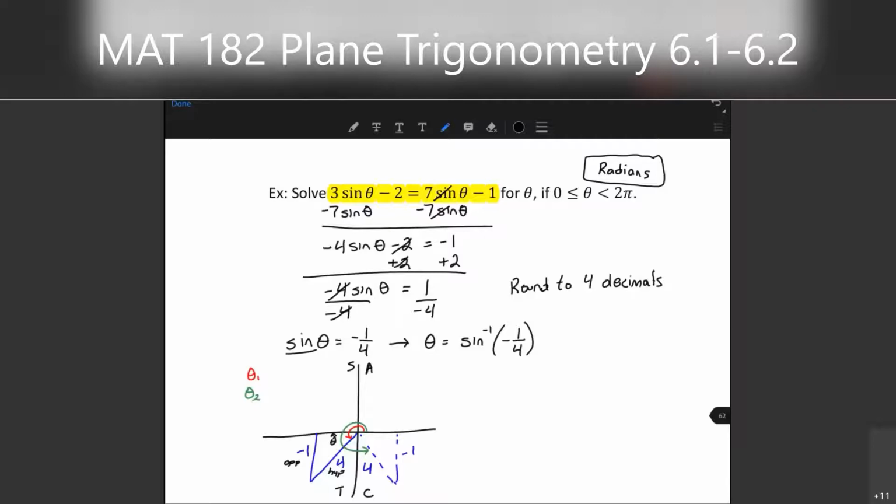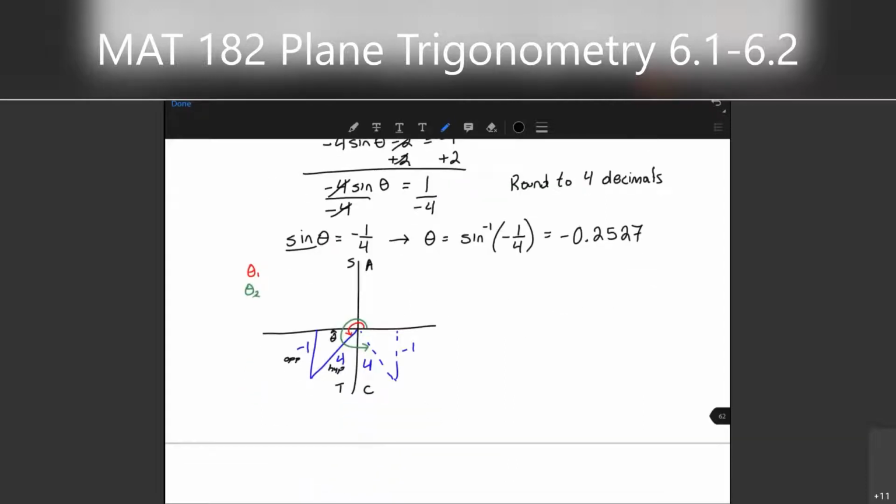All right, we've got a number collecting, negative 0.2527. Okay, that's looking pretty good. I think that is going to be our solution if we round to 4 decimals. So let's write that down: negative 0.2527. Now we want to determine which answer did we actually solve for in our picture, because we want to have 2 here, and the calculator is only going to give us 1 solution.